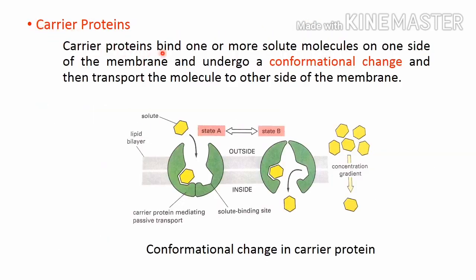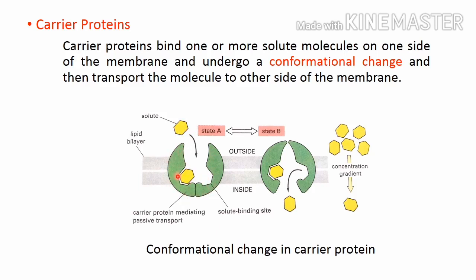A carrier protein binds one or more solute molecules on one side of the membrane and undergoes a conformational change. It is important that these carrier proteins undergo a conformational change, that means their shape or configuration changes, and then they transport the molecules to the other side of the membrane. As represented in this picture, this solute molecule is to be transported from this side to the other surface of the plasma membrane, and first it binds to this carrier protein.